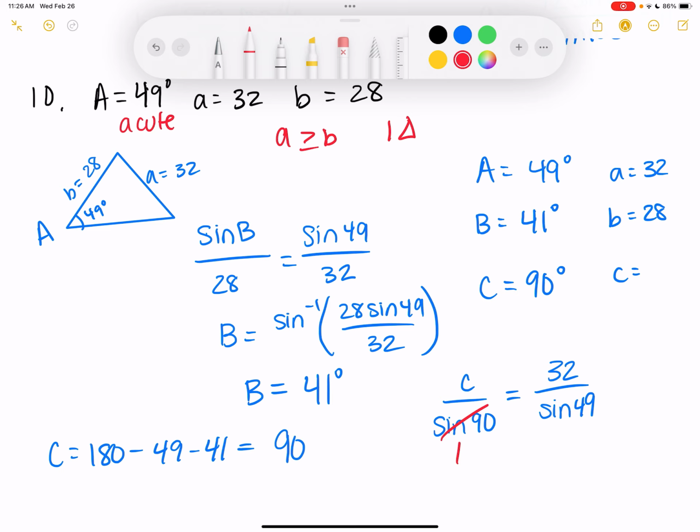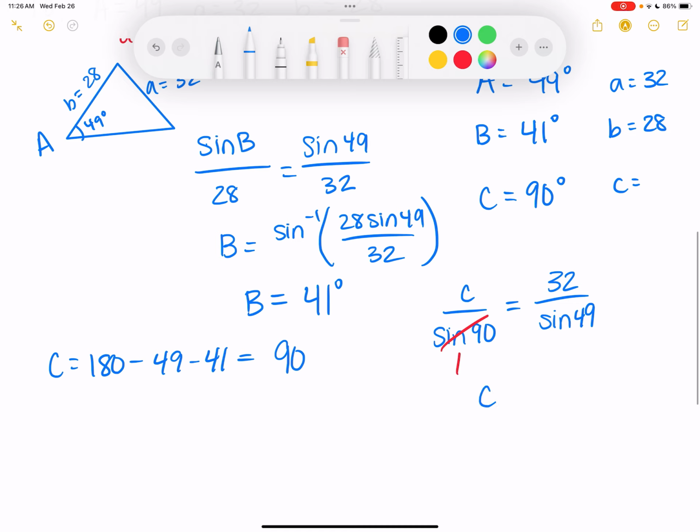So then C is just 32 over the sine of 49. Anybody? 42. 42.